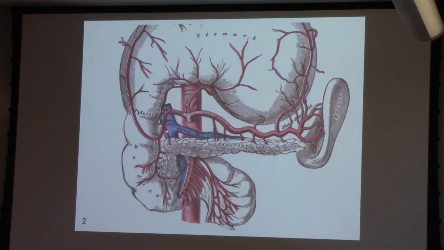The portal vein, that's the portal vein going to the liver. We'll talk about veins in a minute. That is the pancreas, but I already labeled that. What have you not labeled? Parts of the stomach. So we've got greater curvature, lesser curvature, pylorus and pyloric sphincter. What else? Okay, the body. Good, that's the body of the stomach.